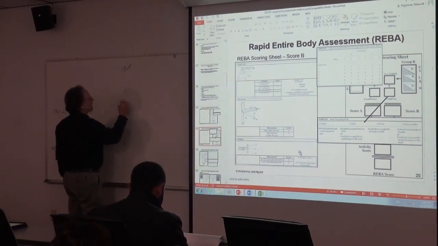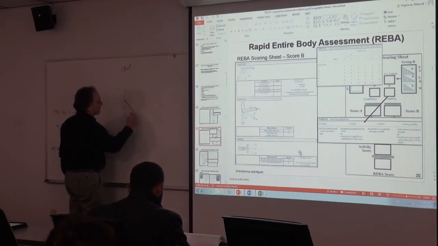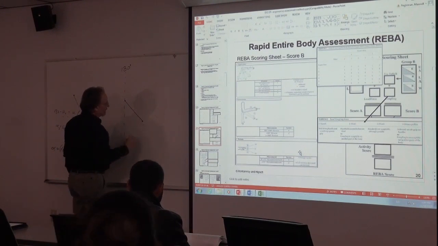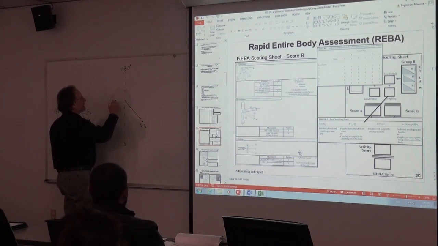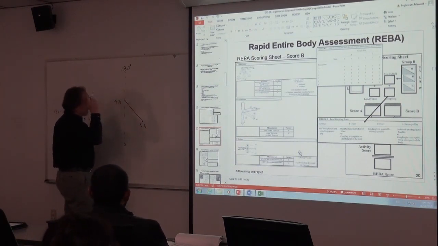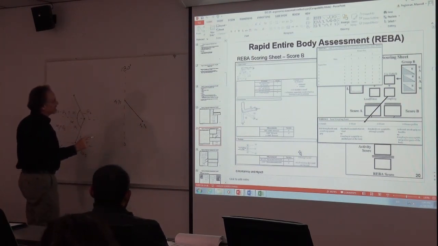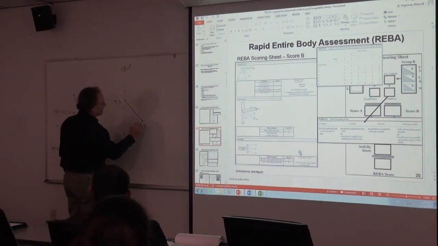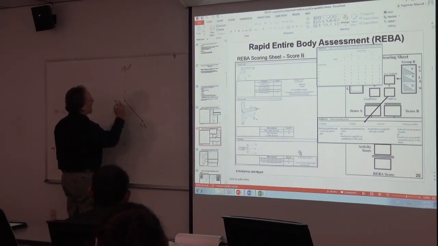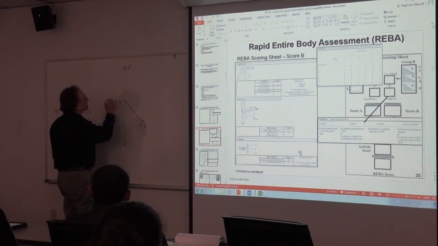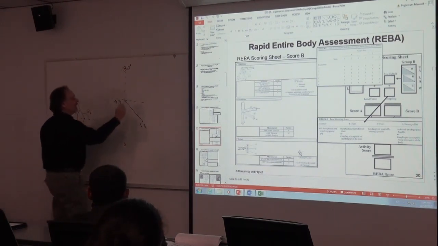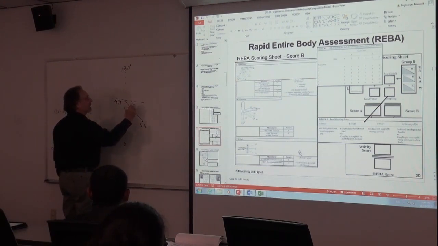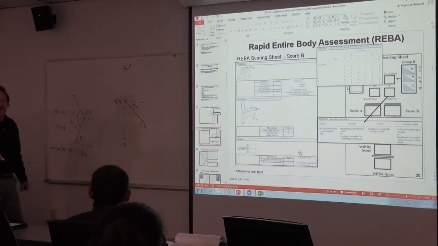So if this is shoulder and this one is elbow, so this is x2, y2, and this is x3, y3. One thing I can do is calculate the shoulder angle, and that will give me this, theta 2, right?